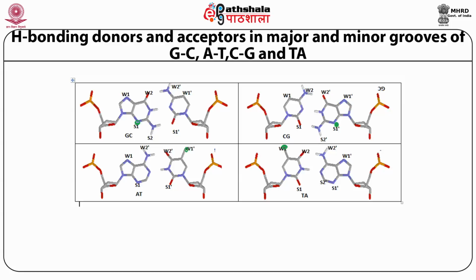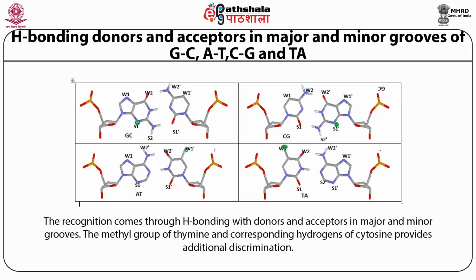Here W1, W2, W2', W1' show major groove functional groups which can interact with the ligand, and S1, S2, S1' show the minor groove binding specific groups. And you can immediately notice the differences between these groups in these four base pairs GC, AT, CG and TA.